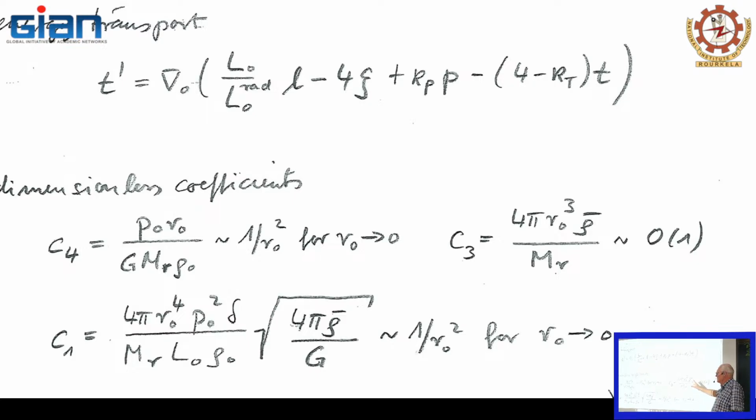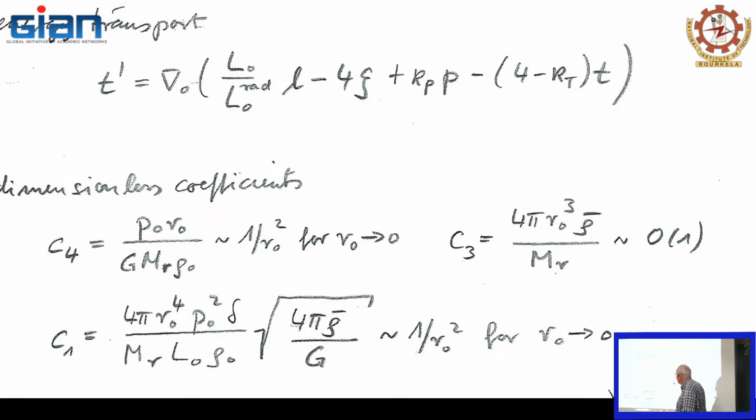This is a coefficient of order unity. It doesn't vary too much. It describes the stratification of density. It's only the density which influences this coefficient. There's not much behind it.